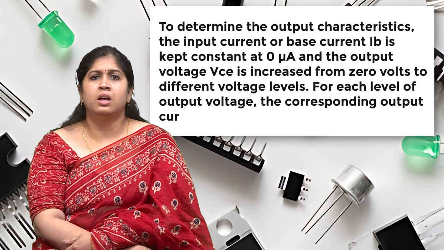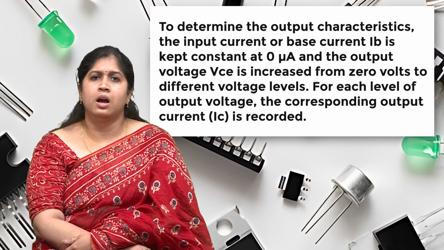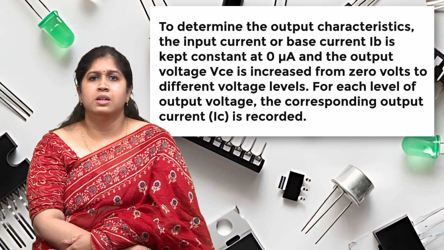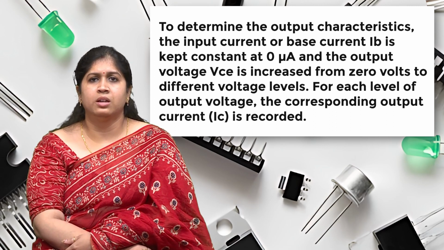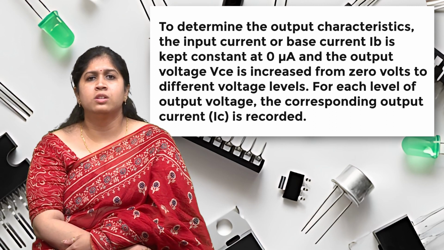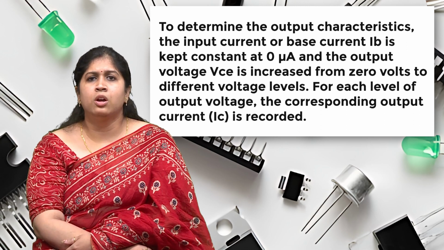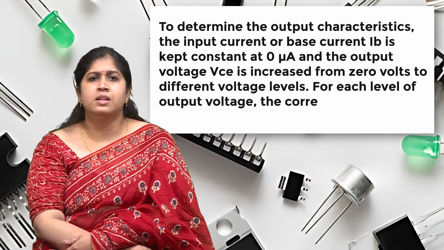To determine the output characteristics, the input current or base current IB is kept constant at 0 µA and the output voltage VCE is increased from 0 volt to different voltage levels. For each level of output voltage, the corresponding output current IC is recorded.